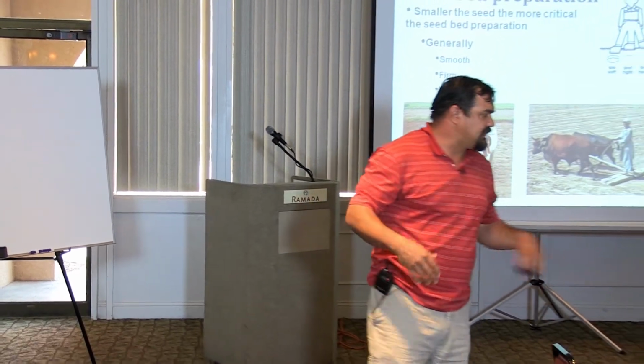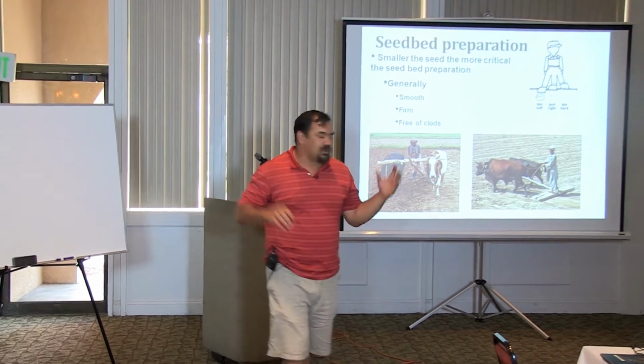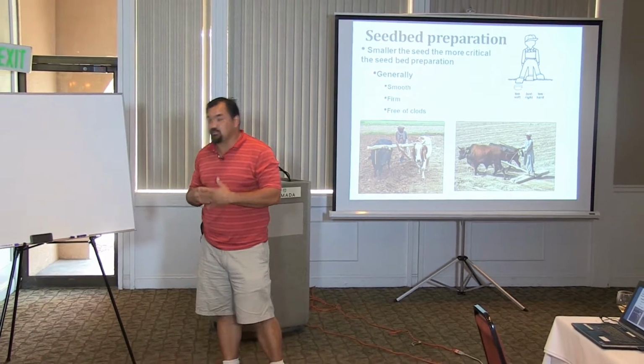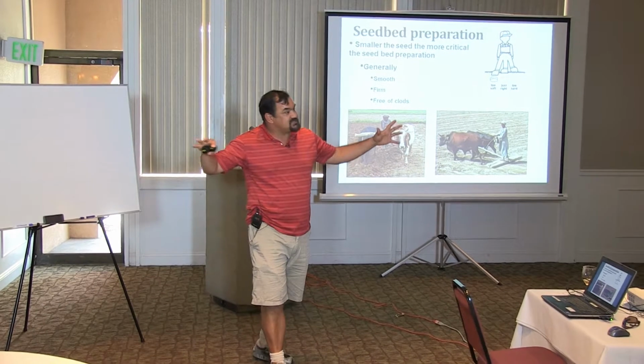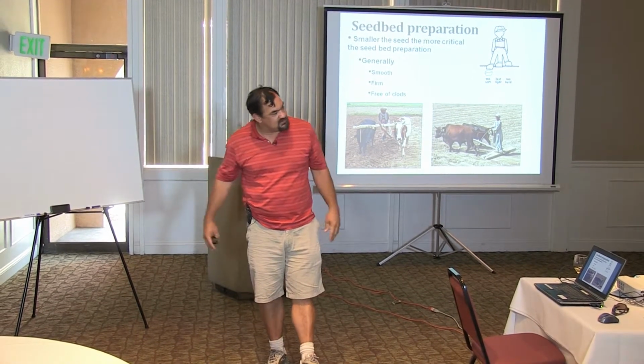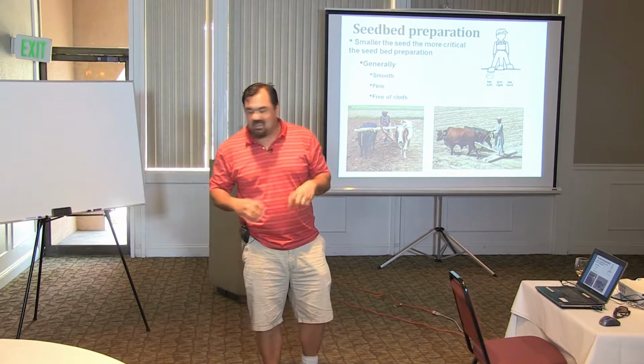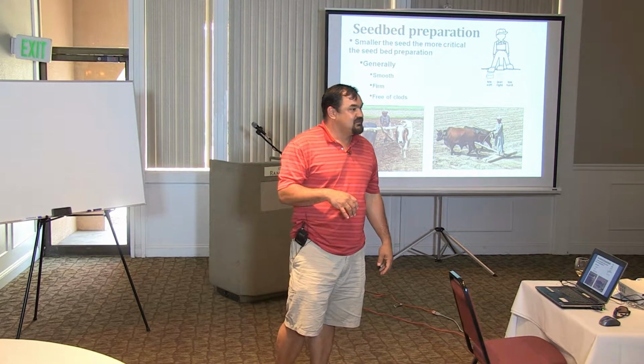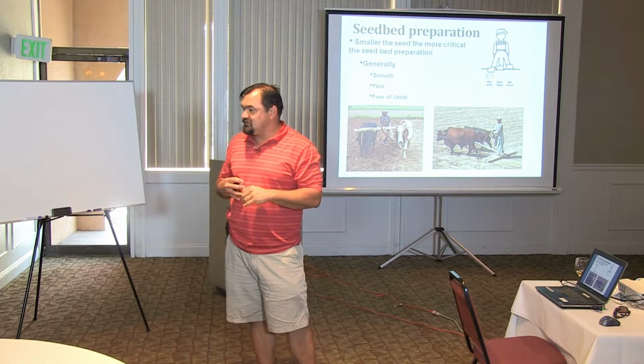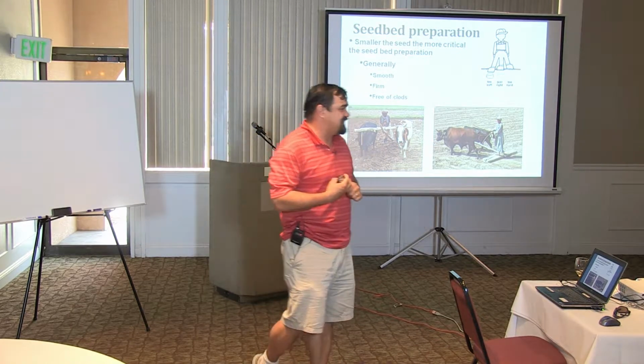That's all the plow is. One of the biggest problems with the plow, however, is that when it does that, it creates a soil surface which is relatively fluffy and cloddy.